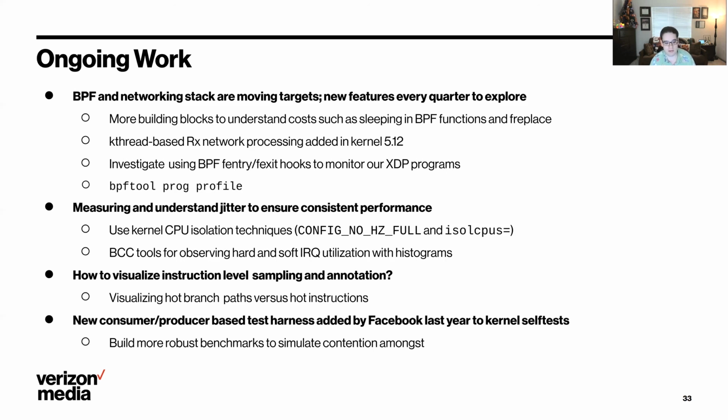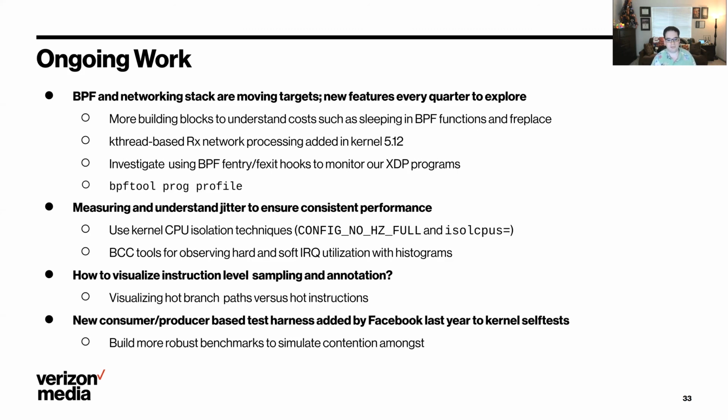And also, last year, Facebook added a consumer producer test harness that allows for multiple consumers and multiple producers. Our microbenchmarks today use a single consumer producer, so we're only looking at path length costs without the contention.